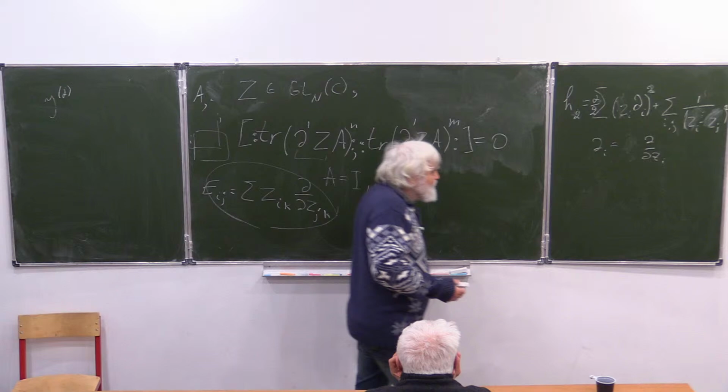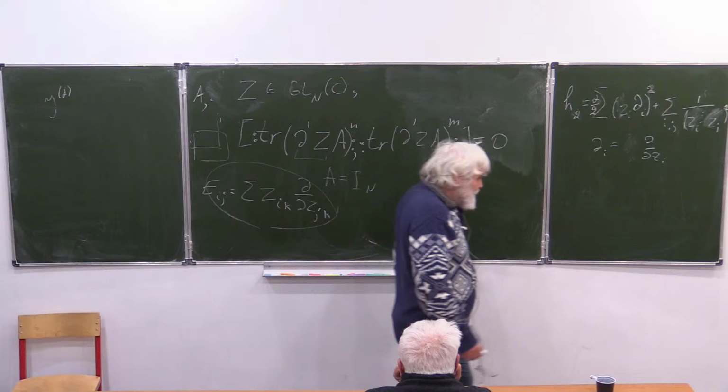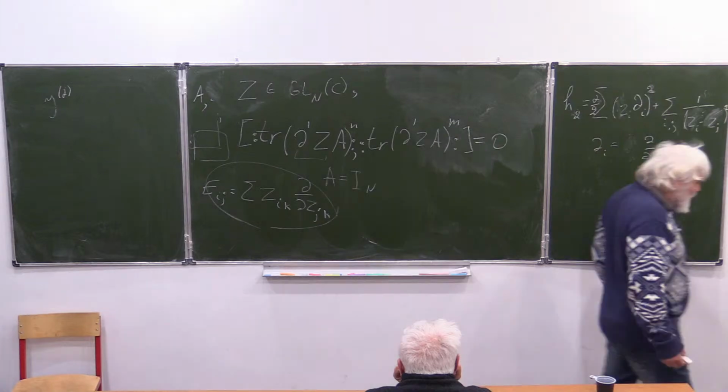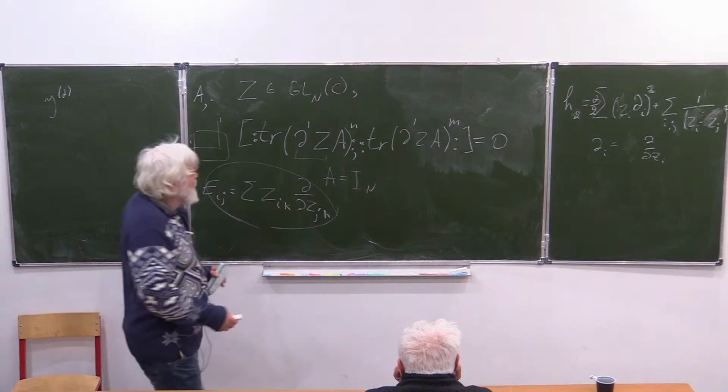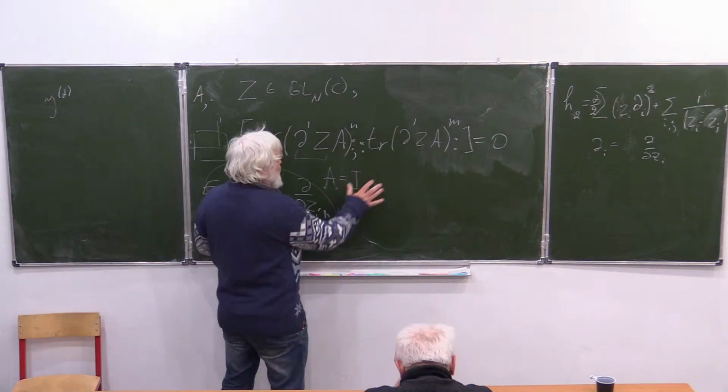And there is a generalization of their identity; their identity related to the case where A was the identity matrix. And in the context of Hurwitz numbers, it was very natural to introduce a matrix here.